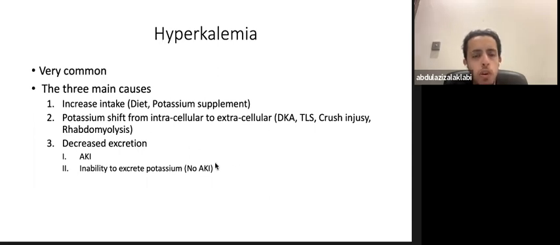So how would you not be able to excrete potassium if you don't have AKI? That's due to certain drugs, such as potassium-sparing diuretics. So these will spare the potassium. The kidney is still functioning normally. However, you're going to have hyperkalemia as a result because you're sparing the potassium and not allowing its excretion.